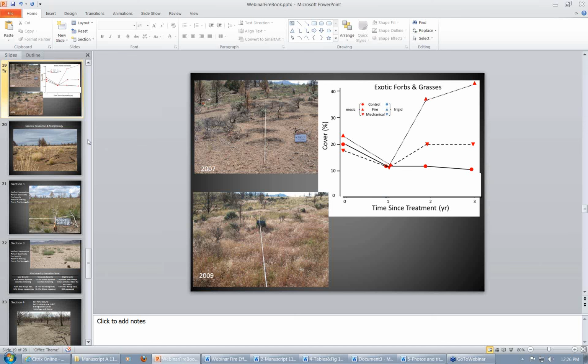So I think the key thing on whether to seed or not to seed is knowing what the abundance of key sage-grouse forbs was on that site prior to burning. And then, depending on their growth form, are they likely to increase or decrease?